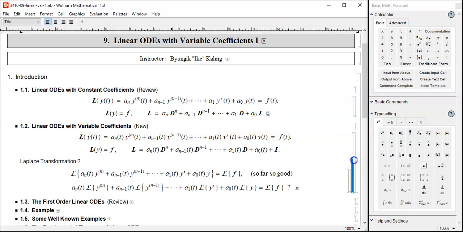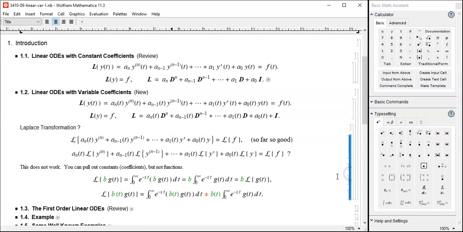In that case, how do we handle it? Well, let's apply Laplace transform. So far, so good. And then let's break up. No, we can't. We can't break up like this because we cannot bring out all these coefficient functions. When they're constants, yes, we could. When they're expressions of t, no way.